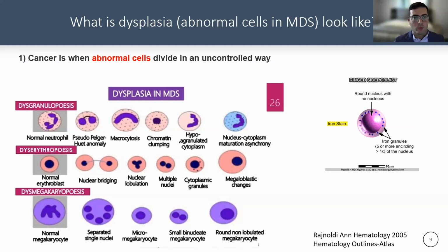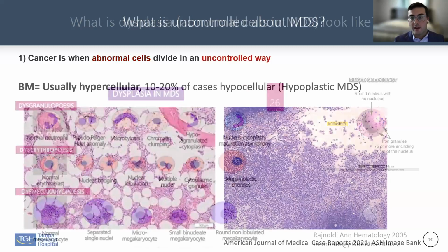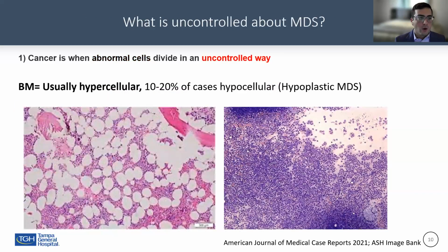So we have abnormal cells that are then dividing in an uncontrolled way. In a bone marrow, we have a certain amount of cells that we expect. What we generally say is that you take your age and subtract it from 100. So let's say you're 70. You would subtract 70 from 100, and we expect your bone marrow to be about 30% cellularity. This is a bone marrow, the pink and purple being the cells, the white being the fat.